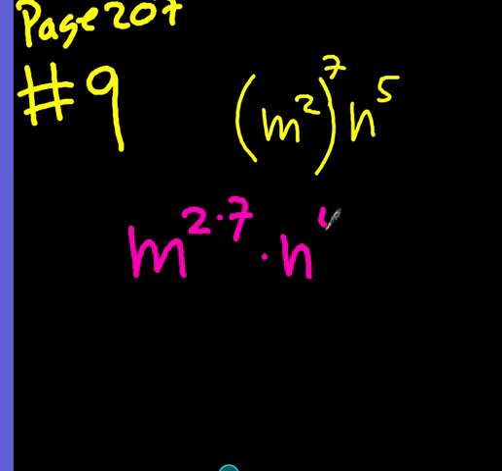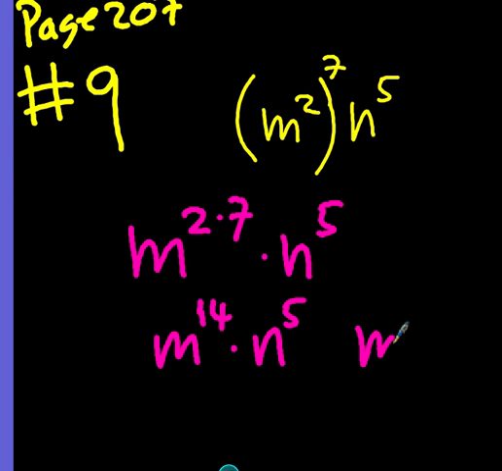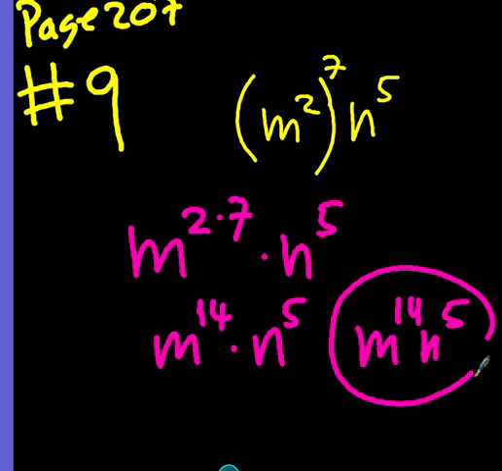And so then 2 times 7 is 14, so I've got m to the 14th power times n to the 5th, or you could write it m to the 14 n to the 5th. You don't need to put the dot in between. Nothing I can do with that, right? M and n are numbers that are different. It's a different base. You cannot add or do anything with those exponents.